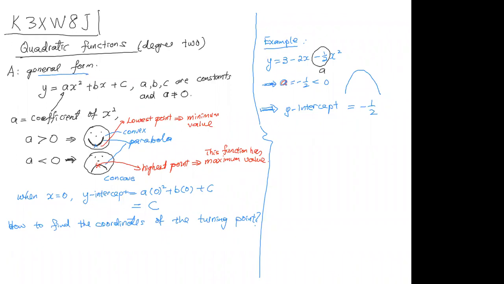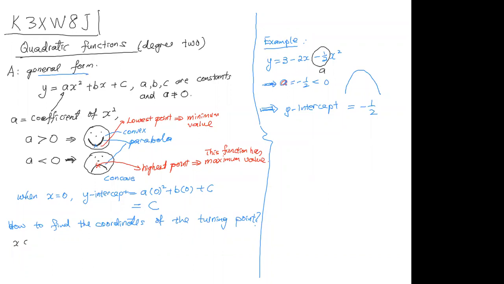So now we are going to use a formula. If you want to know how this formula comes about, I will tell you when I teach you differentiation. First, there is a formula to find the x coordinate of the turning point.